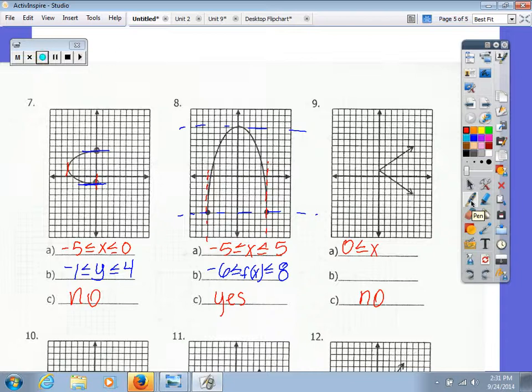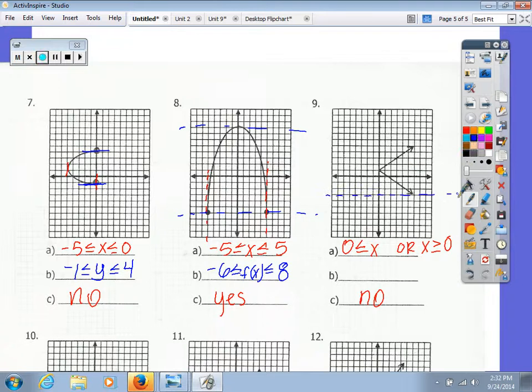How else could the EOC write it? Yeah, they could flip it. Just make sure if it's eating the x here, it has to eat the x here. Got it? Okay, B, range. From bottom to top, what are we going to have?